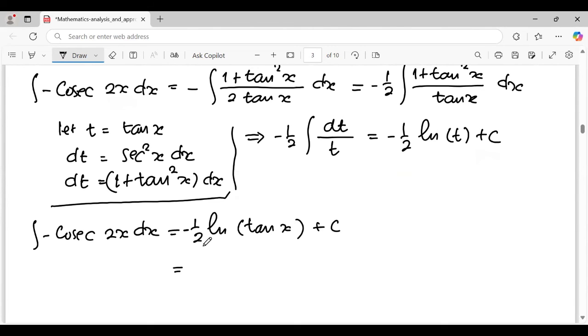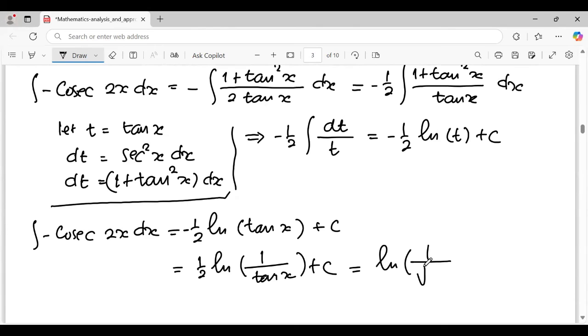Based on the ln rule, it becomes half ln 1 over tangent x plus c, which is ln square root of 1 over tangent x plus c.